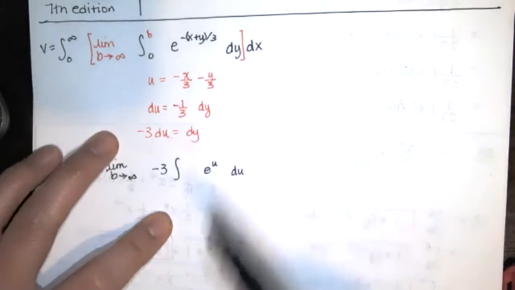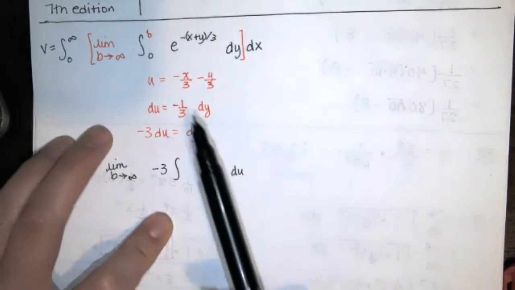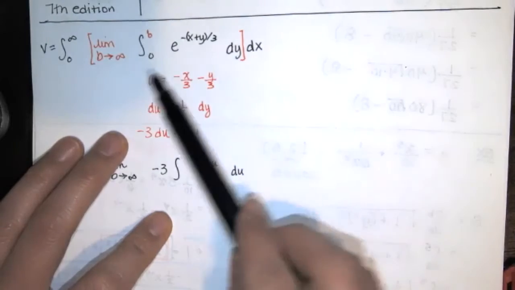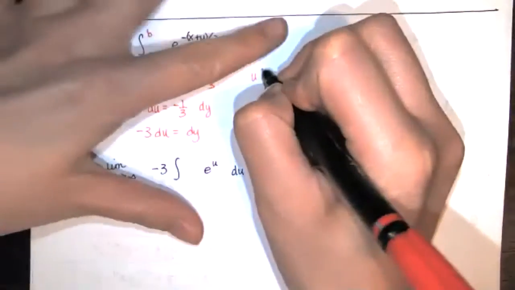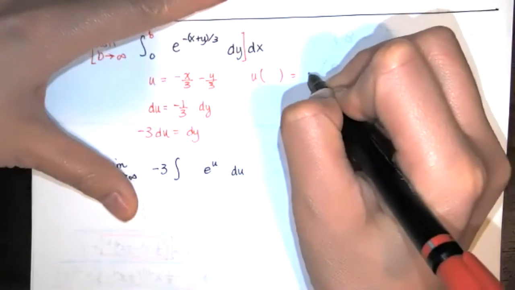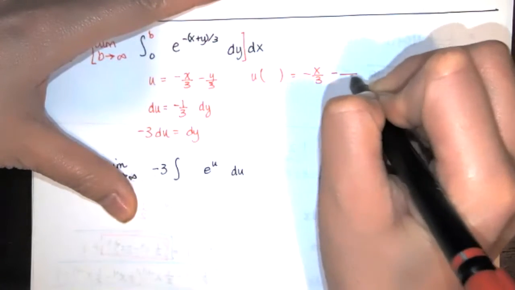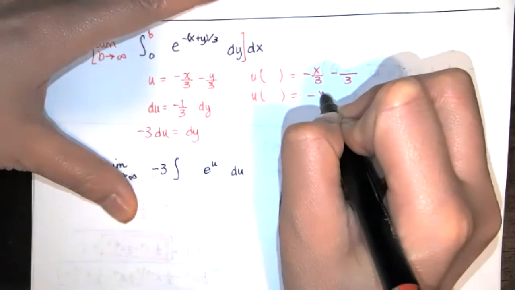But we also need new bounds. Now these bounds are bounds for y. So in order to find the bounds for u, we need to substitute the bounds for y into this function. So we'll evaluate this at y equals b, and we'll evaluate the same expression at y equals 0.